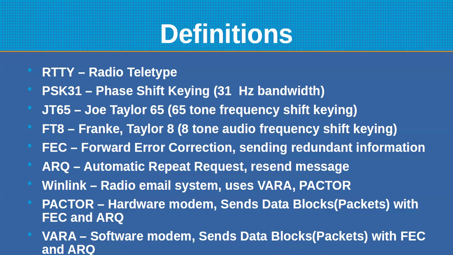So if the receiving station gets a message and detects errors, they send back an ARQ which says to the transmit station, resend the message. And that can go on 2 or 3 times. If it's unsuccessful, then usually the connection is stopped. That's something that can be programmed as to how many retries. Typically, it's like 3 to 5.